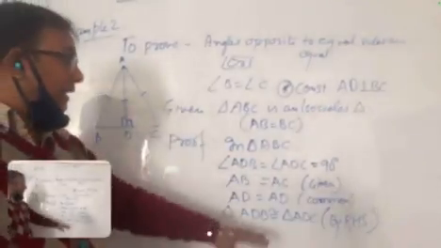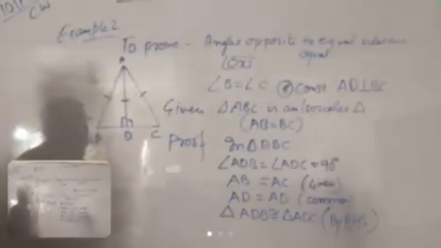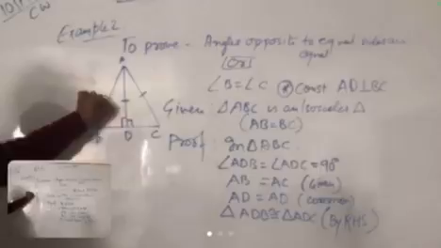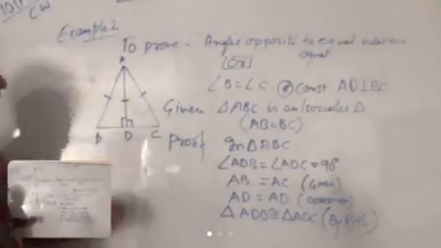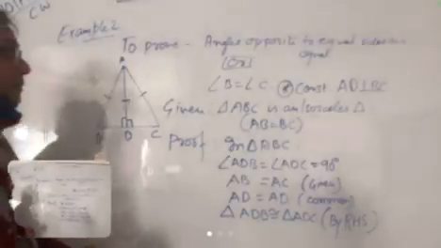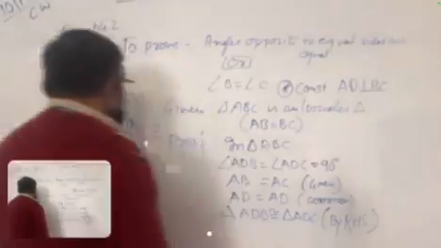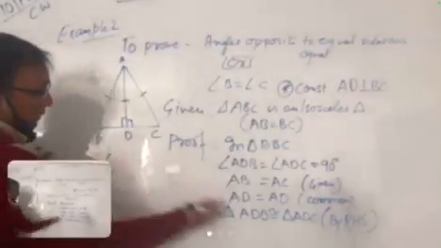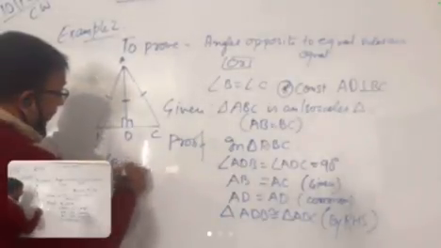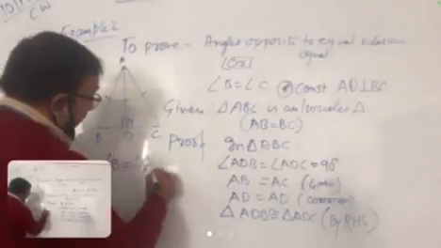Now by RHS congruent rule, if two triangles are congruent, then we know that their corresponding parts are also equal. So we just write simply, after proving congruent, angle B is equal to angle C, and it is by CPCT.